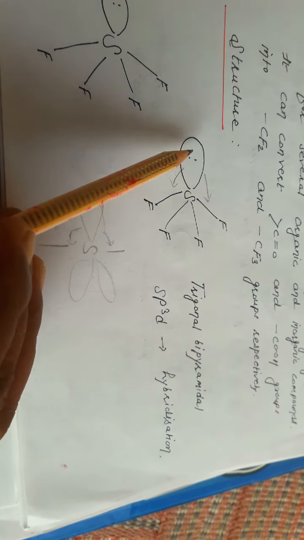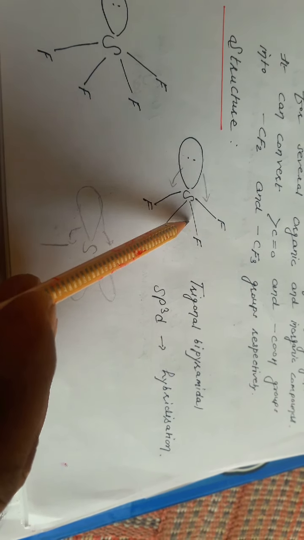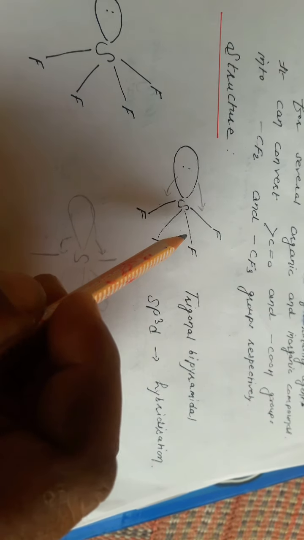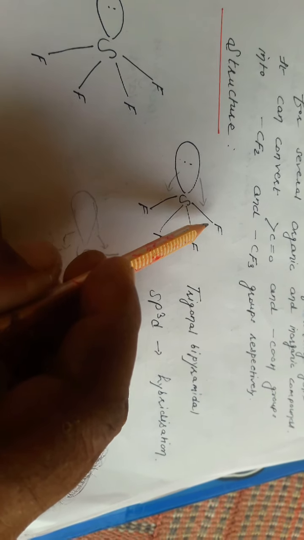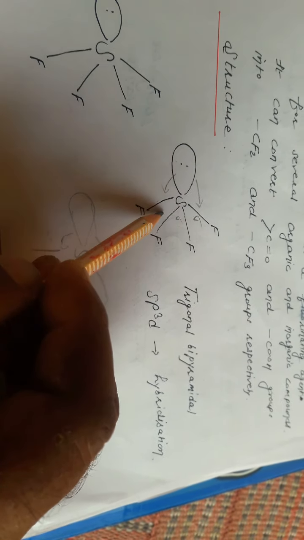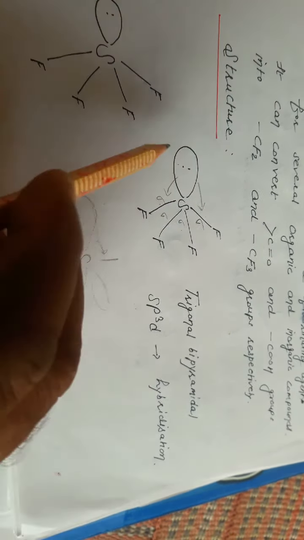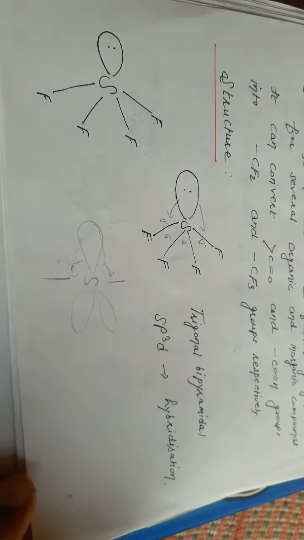That's why it is also known as distorted trigonal bipyramidal structure. And the hybridization is sp3d, in which four sp3d hybrid orbitals containing an unpaired electron form the sigma bonds, and one remains as a lone pair.